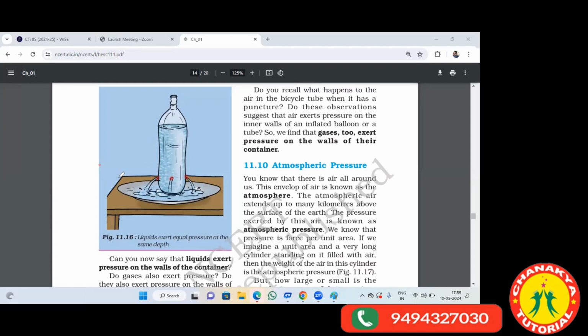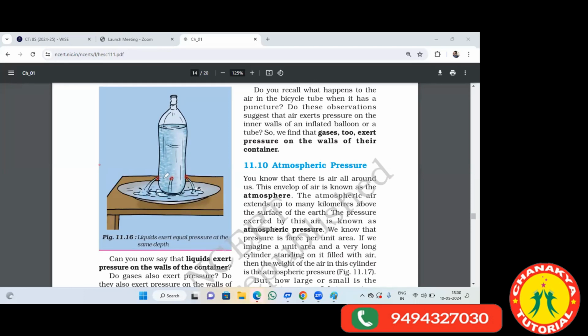The water from all the sides travels the same distance and comes out with the same height. So it shows that the pressure at all the points is the same.